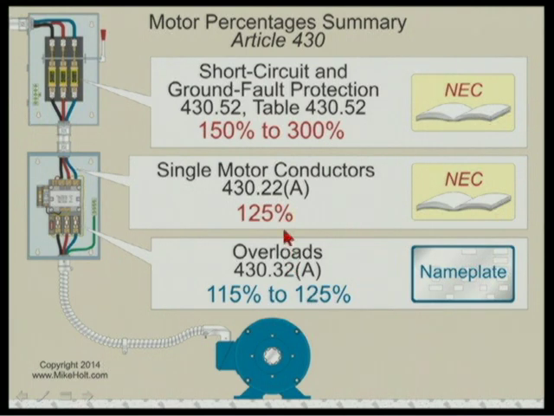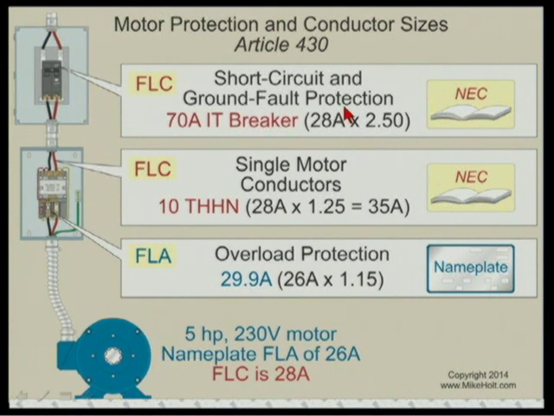So if you have your short circuit protection and your overload protection, that will provide the overcurrent protection required for the circuit. Now watch this. More than likely your breakers are going to be 250%, your conductors 125%, so you can expect that your protection is going to be greater than the conductor by a considerable amount.